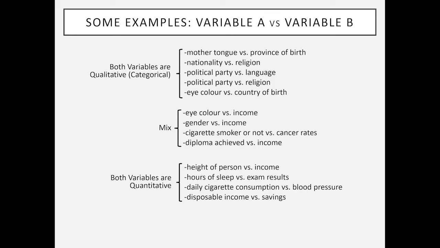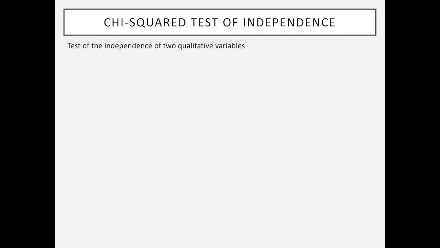These are many examples, and there's many, many others, where we're looking at the connection between two variables. Specifically, the chi-squared test is for qualitative variables. But as we can see, there's ways to adjust this to account for quantitative variables as well. So, the test of independence, chi-squared test, is specifically for qualitative variables.